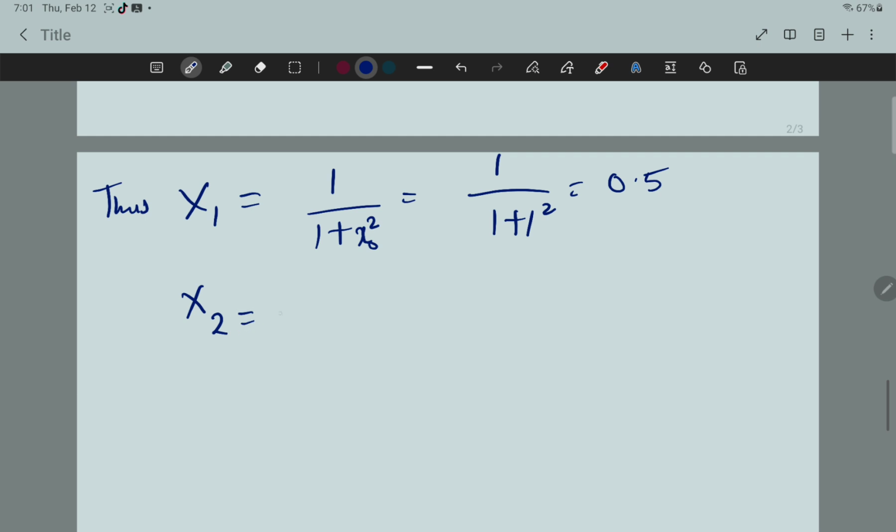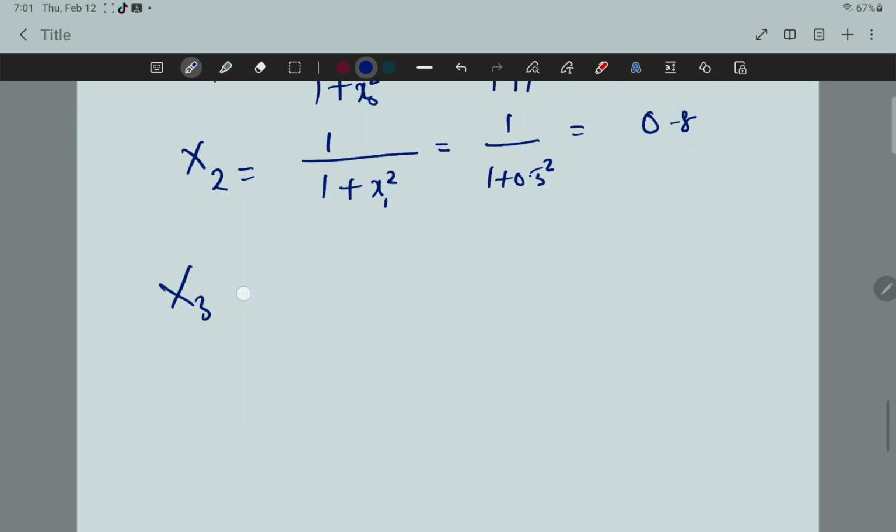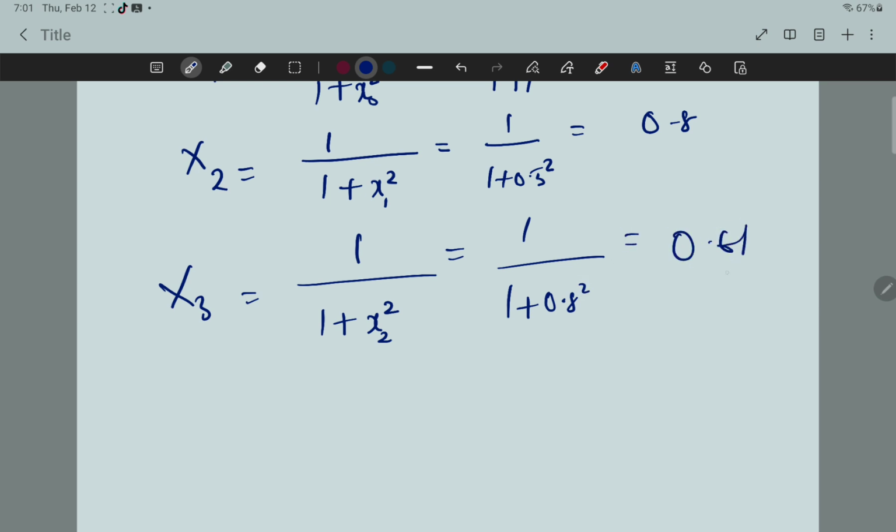And then whatever we get here is our x1. So x2 is 1 over 1 plus x1 squared, which is 1 over 1 plus 0.5 all squared, which is going to give us 0.8. If you do x3, that's 1 over 1 plus x2 all squared, which is 1 over 1 plus 0.8 all squared, which is 0.61.